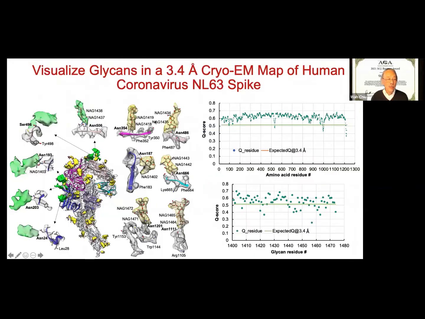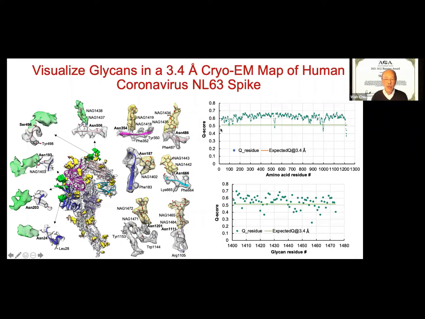And since we're able to see this density, I just want to show this called Q score, which is a numerical parameter with which we assess the resolvability of the residue, both the amino acid as well as the glycan part. These are the amino acid residues.